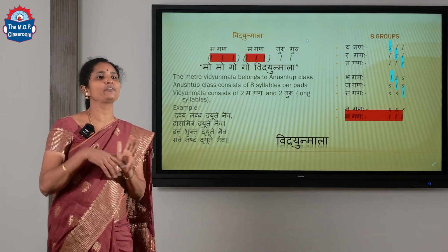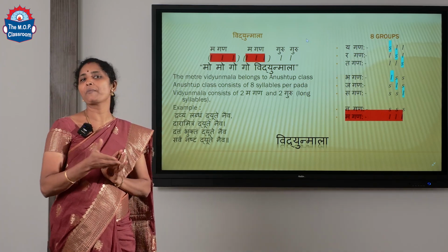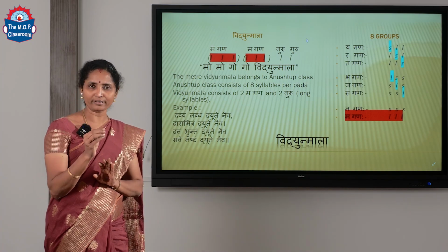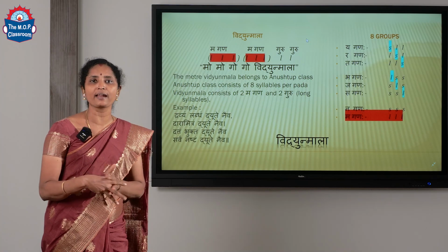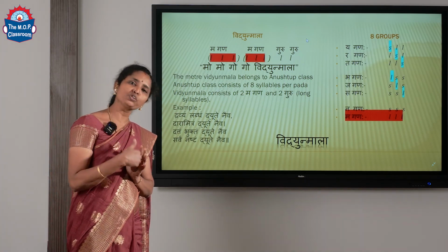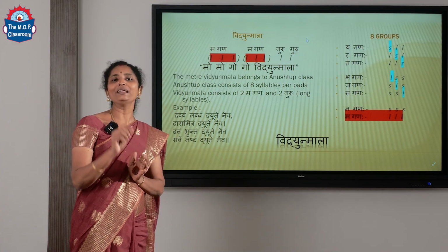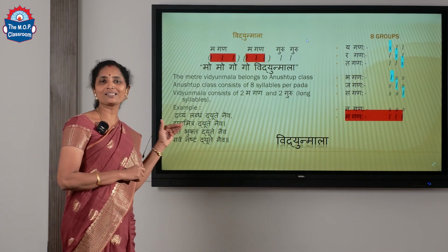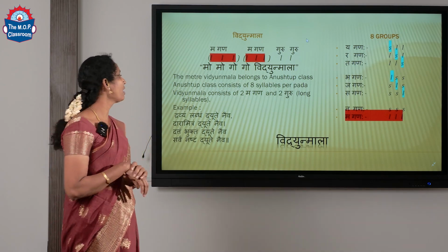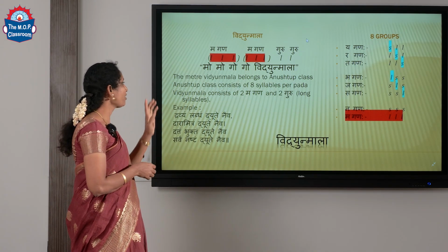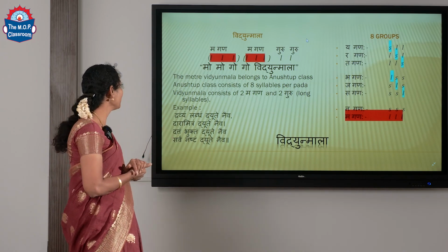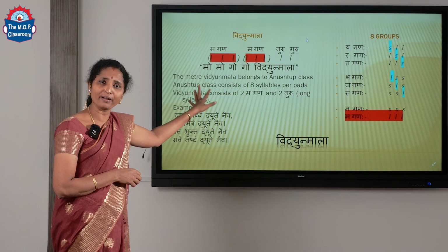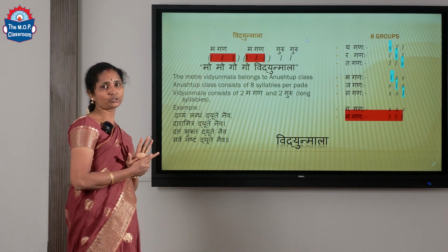We often hear this when we are saying slokas in Sahasranamam and all. We will be hearing Anushtup Chandaha, which means this particular shloka is constructed in Anushtup meter. Anushtup meter will have only 8 syllables in a padam. So this Vidyunmala also falls under that particular meter, Anushtup Chandas, consisting of 8 syllables per padam, among which the first 2 ganas are only Maganam and then the long 2 syllables.